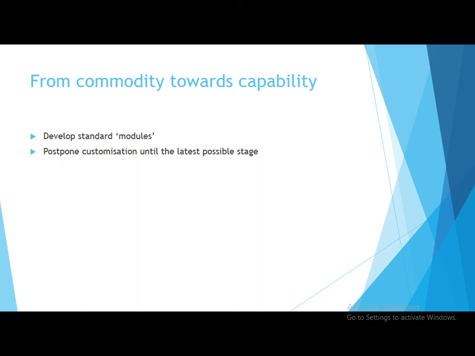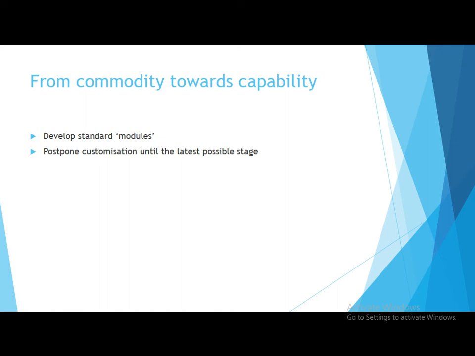An example of this type of mass customization is provided by holiday resorts that allow customers to choose a limited number of activities from a predetermined list. Next is postpone customization until the latest possible stage. In this approach, the delivery process is standardized for all stages until the last.